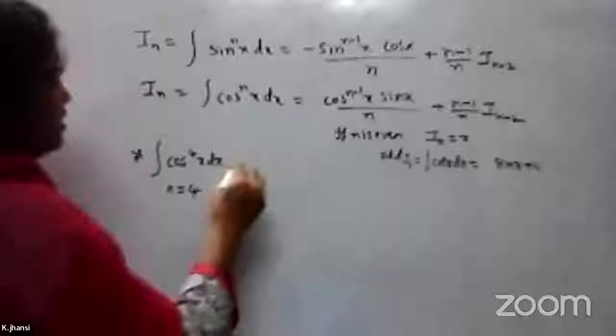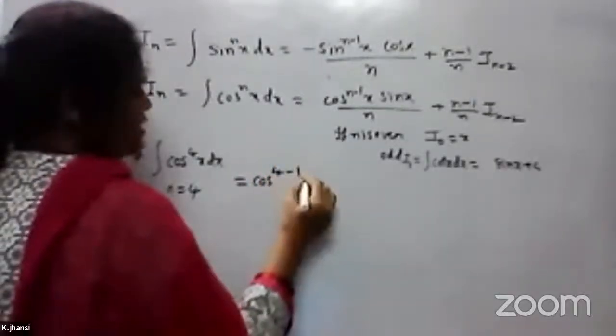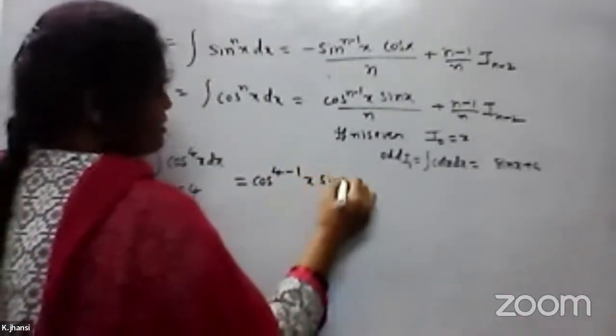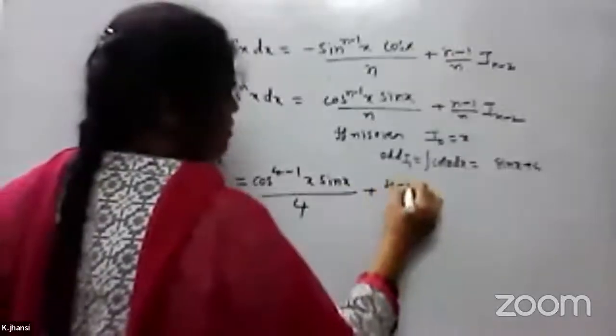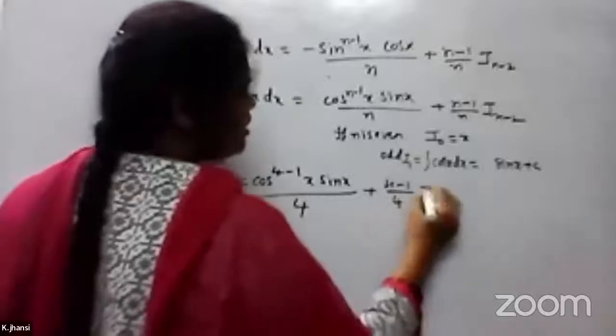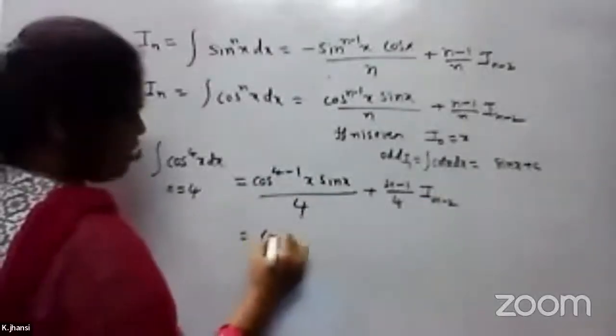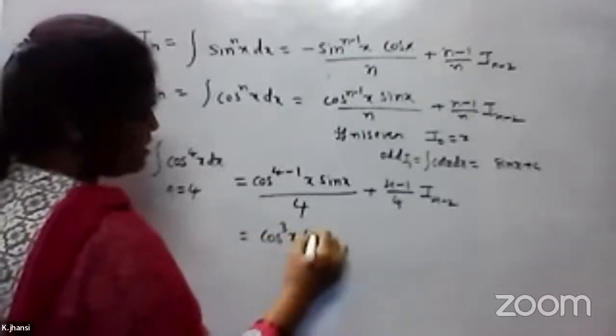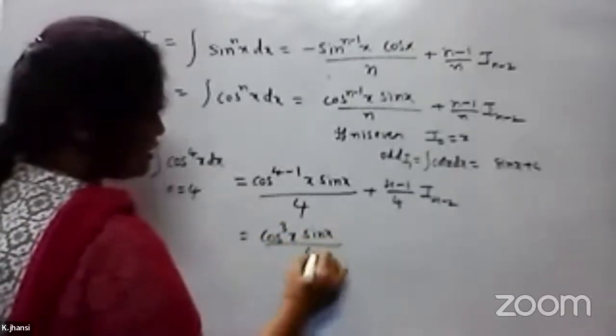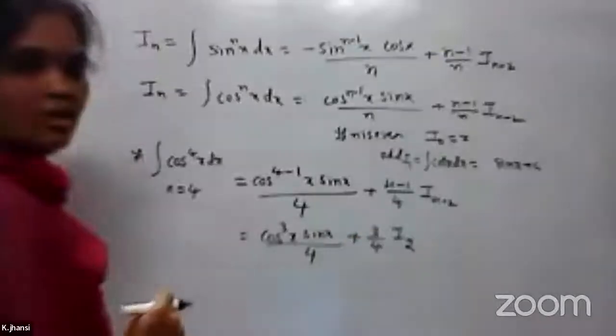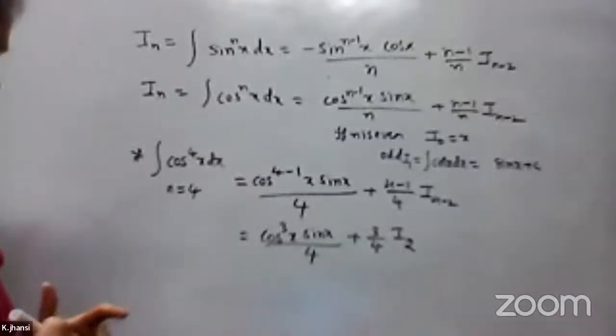So first substitute in the formula: cos^(4-1) x sin x by 4 plus (4 minus 1) by 4 I(4-2). So it is equal to cos^3 x sin x by 4 plus 3 by 4 I2. Okay. So we need to find again the I2 value.